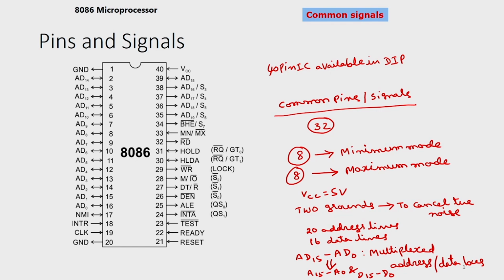Normally in the first T cycle, you have the lower address bus. So, when will this multiplexed address data bus be used for carrying the address? It is during T1. T is the T state; one clock period of any microprocessor is called one T state.